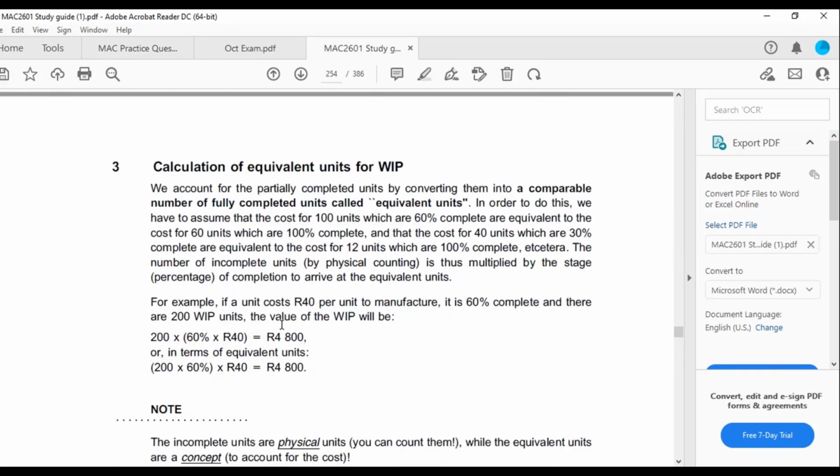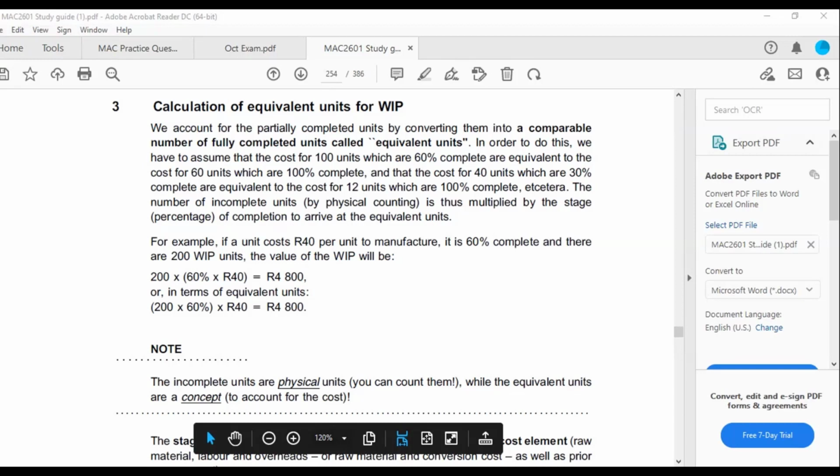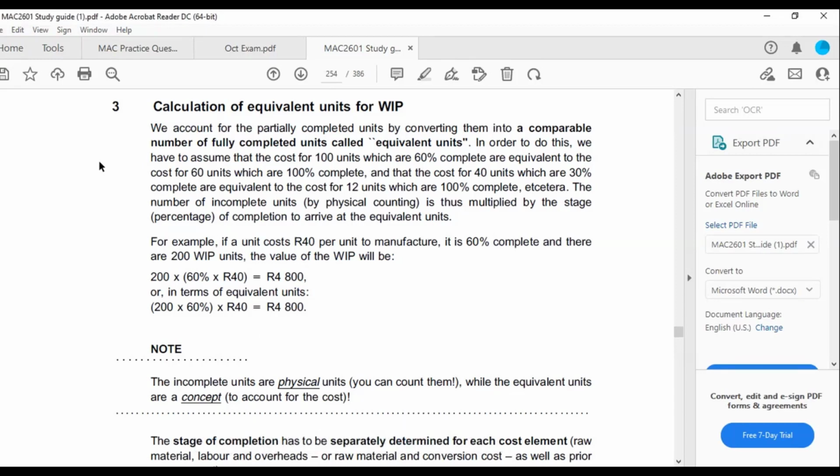Okay, so I'm moving on. Calculation of equivalent units for WIP. We convert the partially completed units into comparable units.